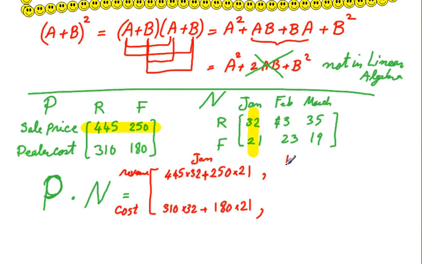And then you repeat the game for February and March. So you have a similar thing to do in those other months. Then you have a matrix that shows your revenues versus your costs. Then you can do with this table whatever you want to do. So the idea is that this type of multiplication that we do is not coming out of Mars or anything.